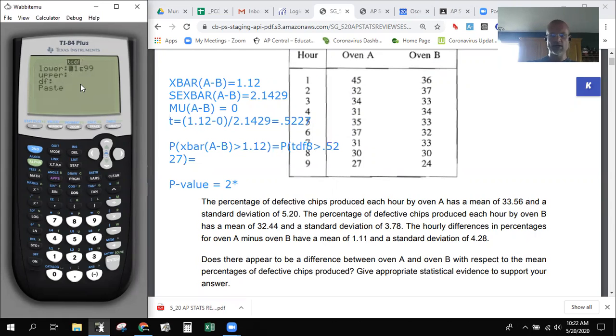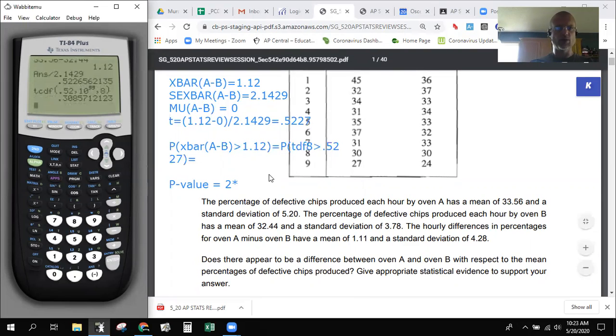Since I'm on the greater side, I want the lower bound to be 0.52 and the upper bound to be 10 to the 99. Then the degrees of freedom is 8. Go down to paste and hit enter.